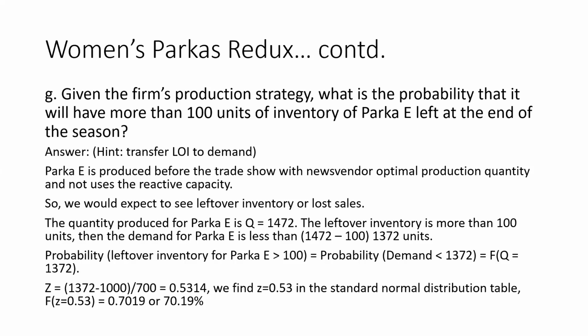So it's the same as the probability that demand is greater than 1372, which is the same as 1 minus the probability that demand is less than 1372. So it's 1 minus F(1372). Yeah, that's correct. Okay, awesome. Thank you.